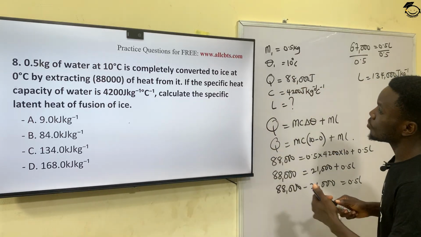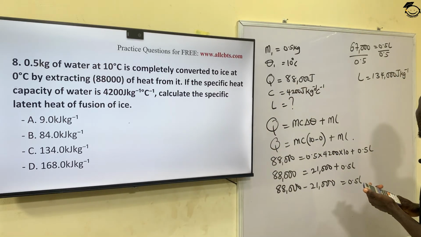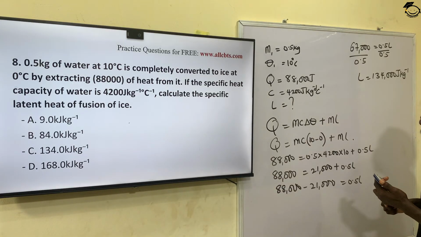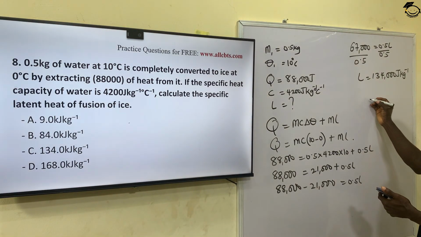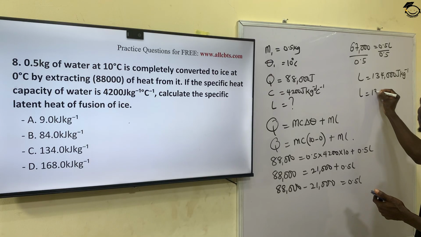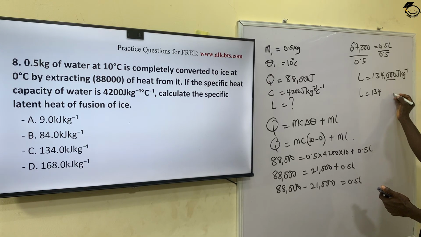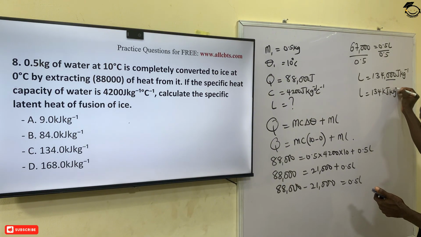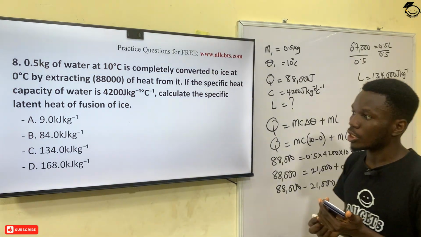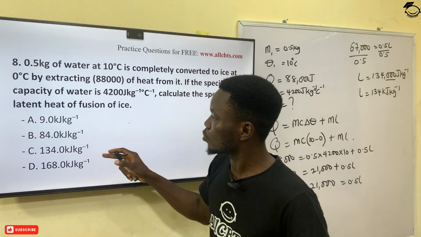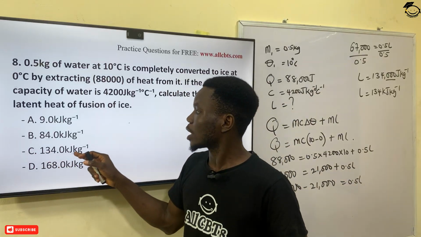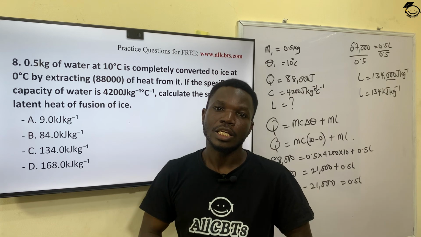But if you look there, they've already put the options in multiples and sub-multiples. So if I want to put this in multiples, 134, where 1,000 is written as kilo, I have 134 kilojoules per kilogram, which is option C.